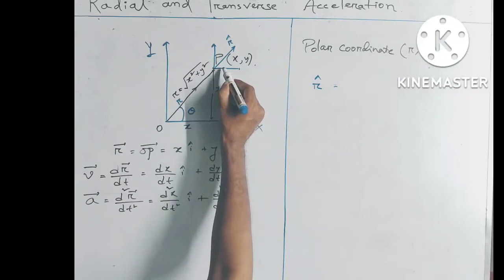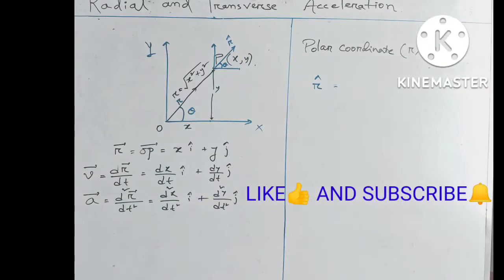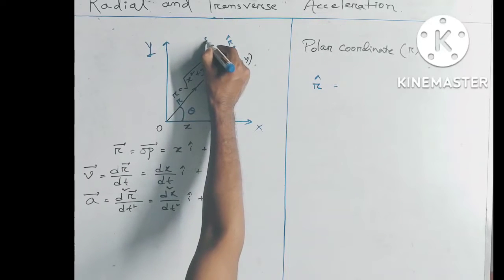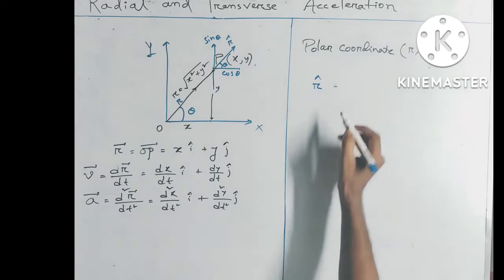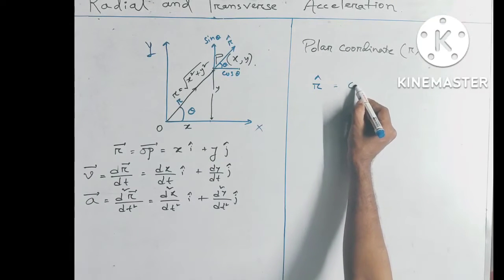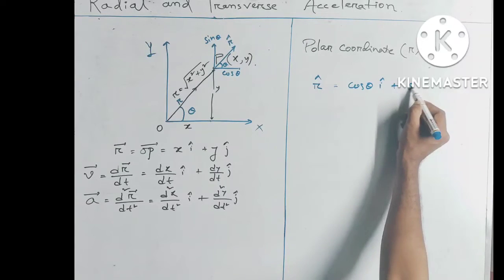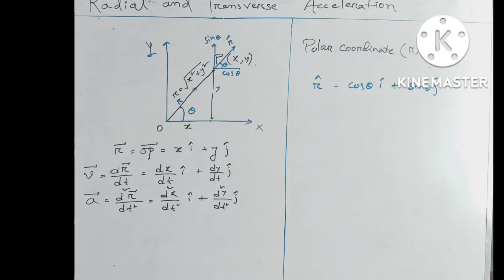As the angle is theta, here it is also theta. Now this will be cos theta and this will be sin theta. So we can write r cap equal to cos theta i cap plus sin theta j cap. Clear?